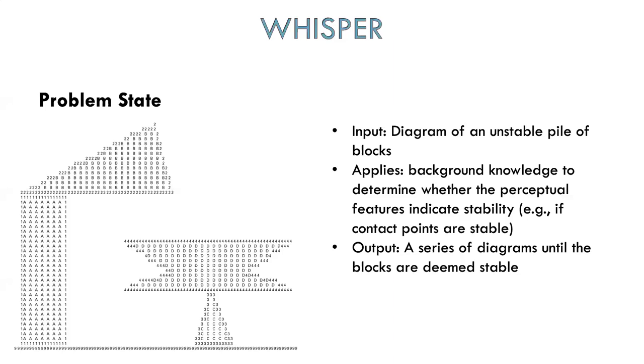So let me give you an example of a visual version of this. This is a program called Whisper, and it is a computer program that purports to represent some physical objects that are unstable blocks, and it manipulates them in a stepwise process until the computer deems that it is stable in some way.